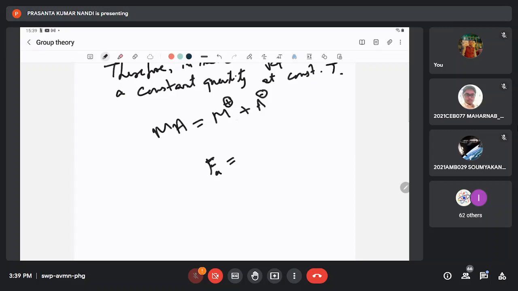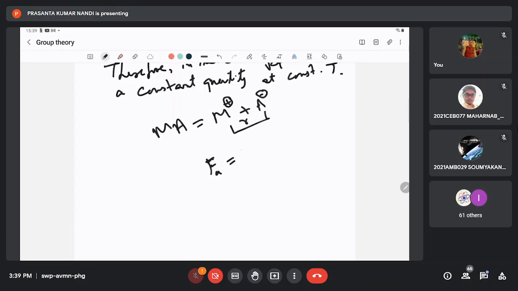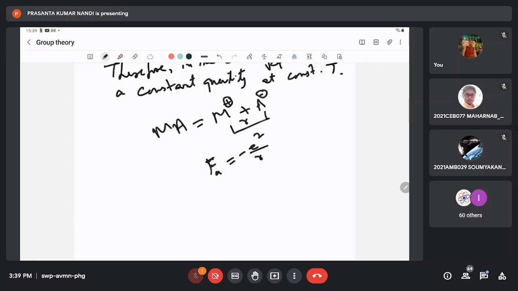If the distance between them is, say, r, then with a unit charge plus e and minus e, the force of attraction would be minus e square by r square. You know this. And there is a factor in the denominator that we call the dielectric constant.